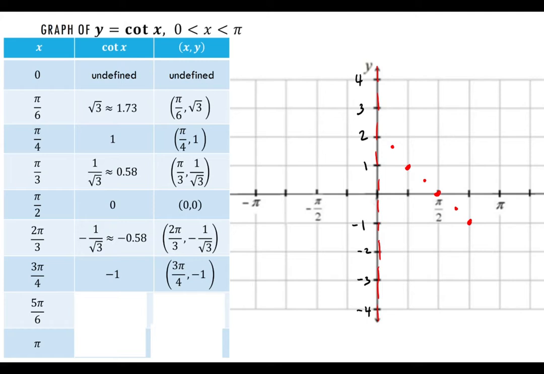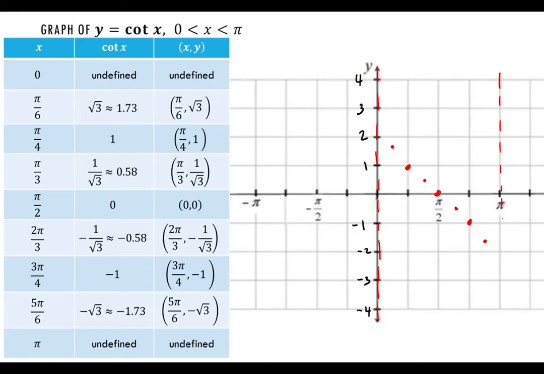Then, cotangent of 5 pi sixths, well, that's going to be negative root 3, which is going to be about right here. And then cotangent of pi, once again, is undefined due to the fact that the definition gives us division by 0, and so I get another vertical asymptote.